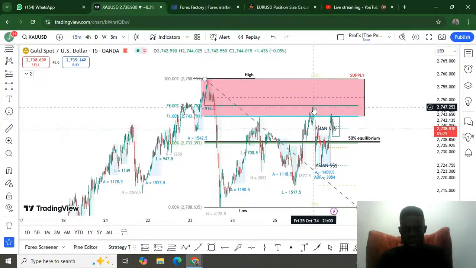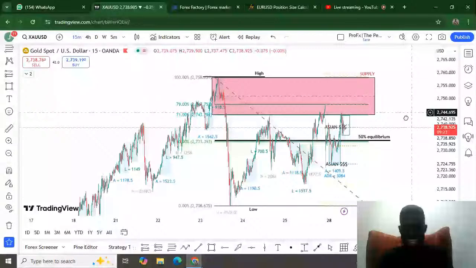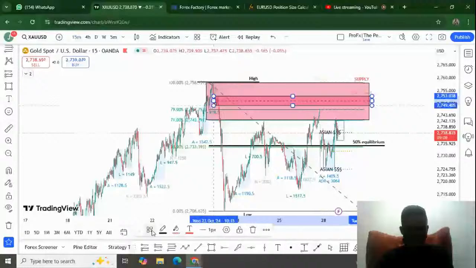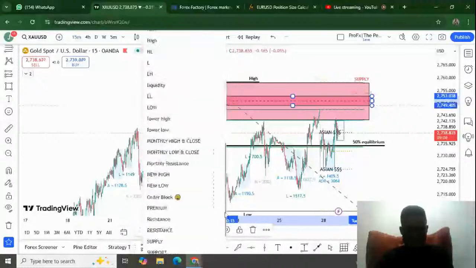We have come back and are testing multiple times, but there is still a middle line, that's the next supply, a way of taking out liquidities and respecting extreme supplies.